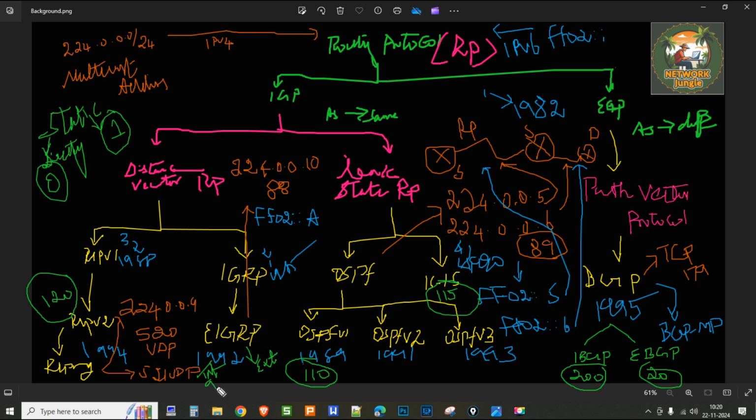Internal uses the AD value 90, and external has 170. Likewise BGP. Then RIPng also uses the AD value 120. Then EIGRP summary routes use the AD value 5.